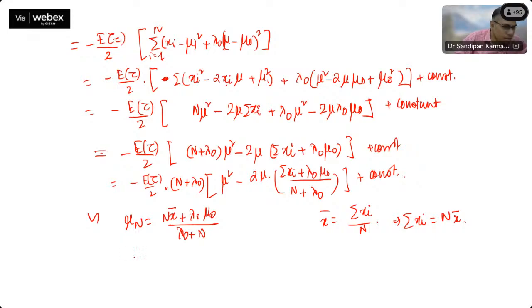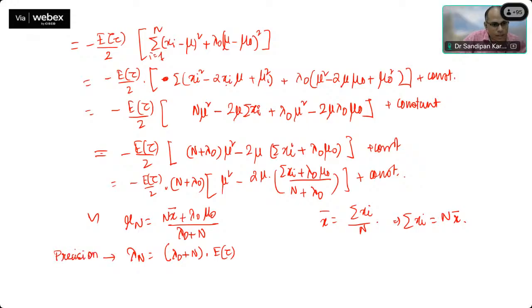Now, what is the variance? I had considered variance lambda naught, so I am considering this as lambda n. So this will be lambda naught plus n multiplied by E of tau. Sorry, this lambda n is not variance, it is the precision.